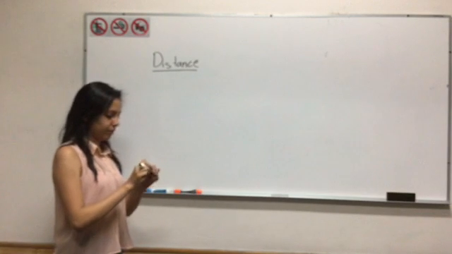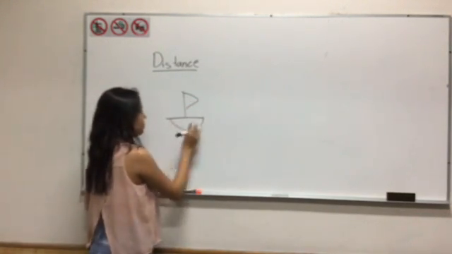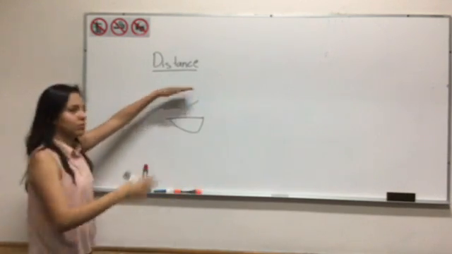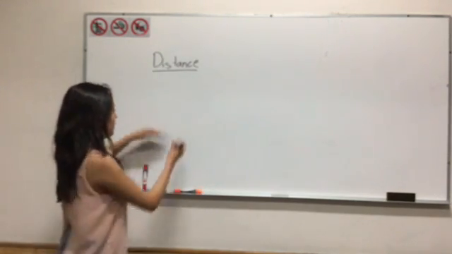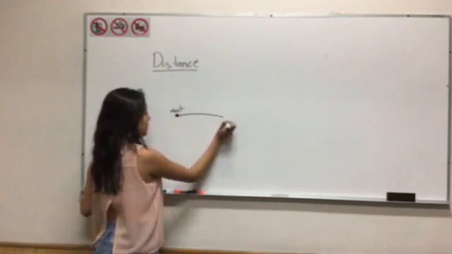For the distance argument, I have to explain it in this way. Imagine that you have a boat with a sail. So let's see the boat from the upper part. This is the mast and this is the sail.